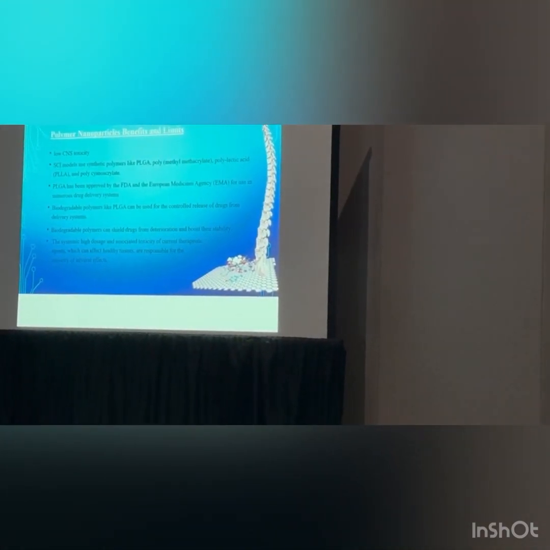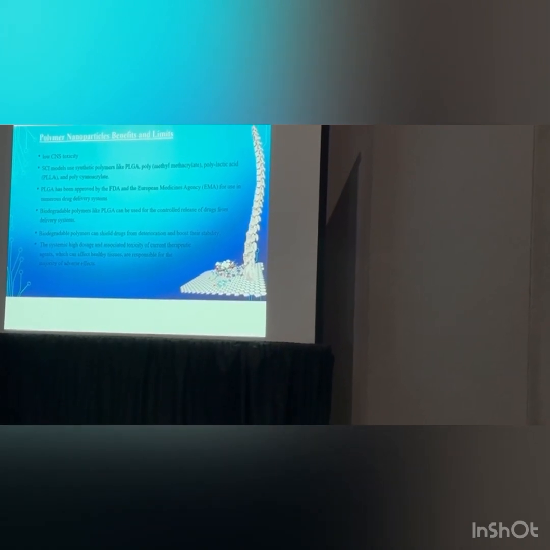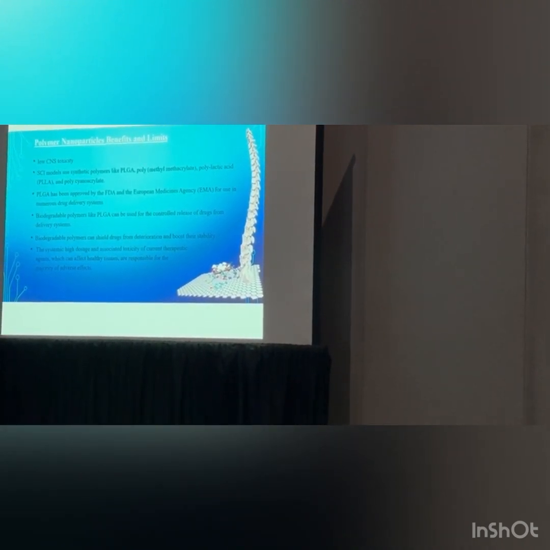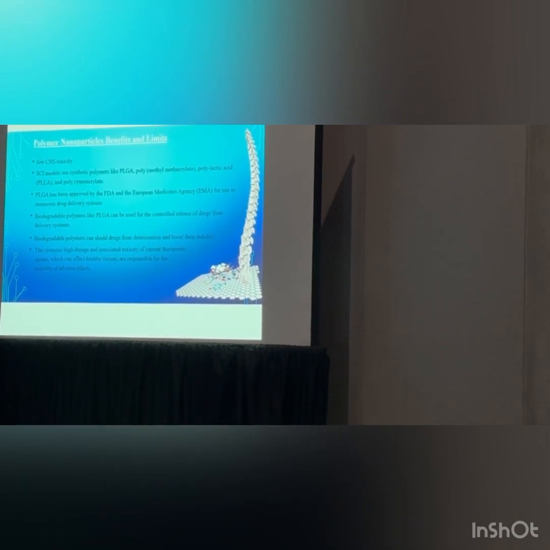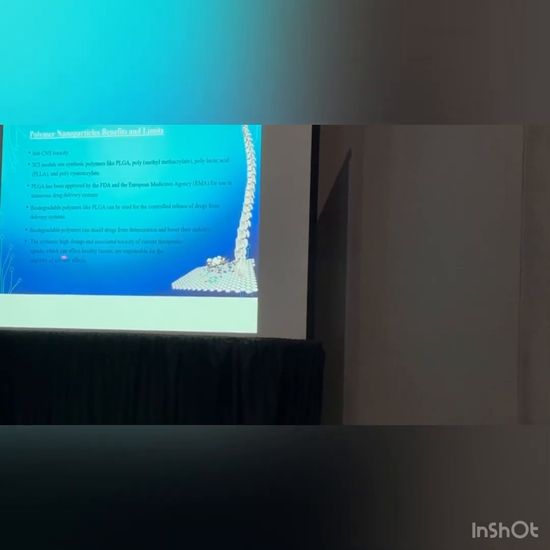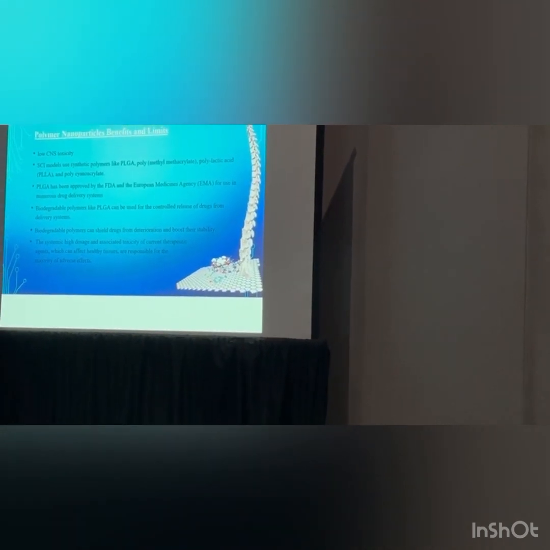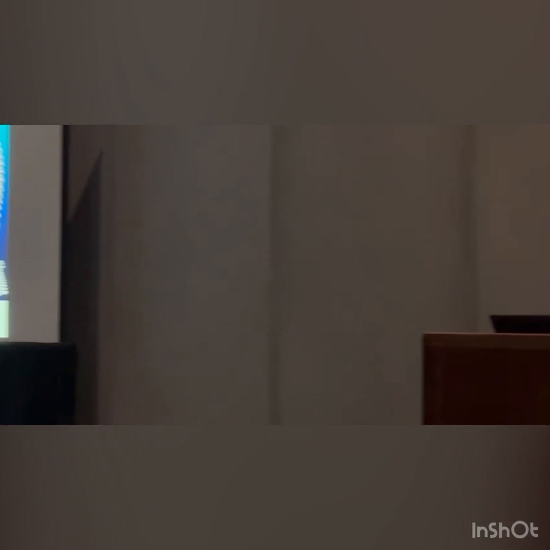PLGA, as you know, is approved by the FDA and also the European Medicines Agency, so that's really good to know. We are also going to talk about the systematic high dosage and associated toxicity of current therapeutic agents, which is really good to know.